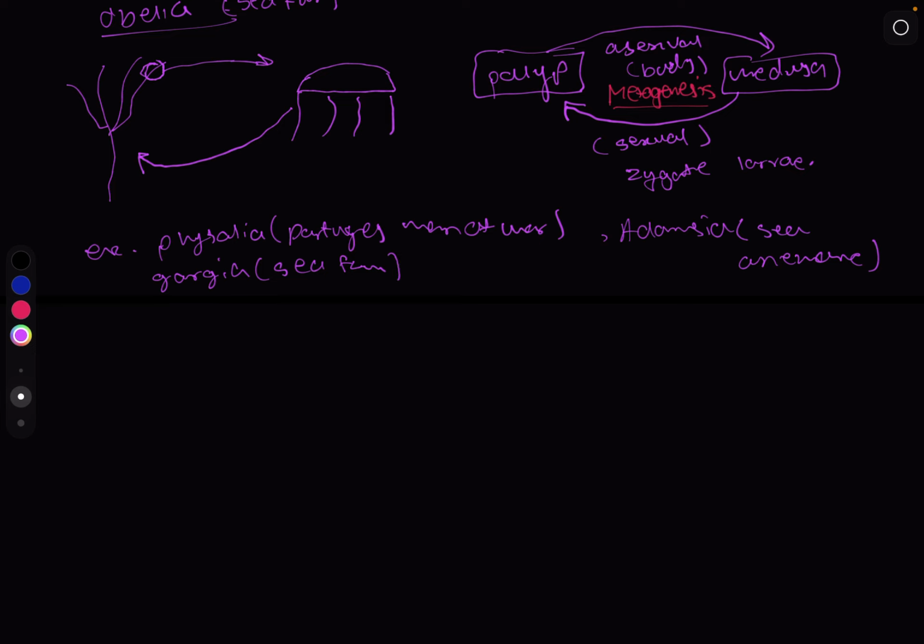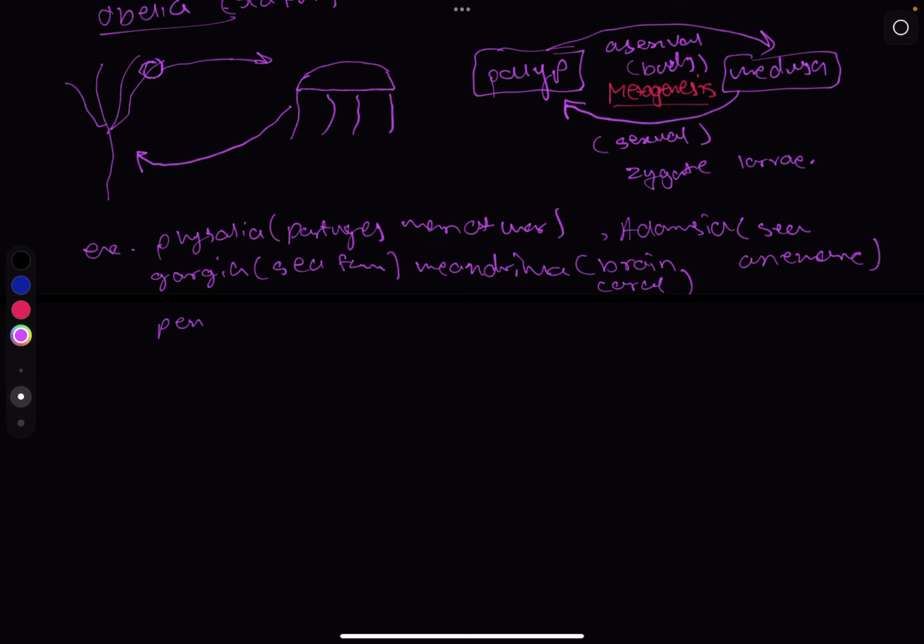Then we have Meandrina, brain coral. And we have Pennatula, double N, also known as sea pen. And we have Hydra. And Aurelia, the jellyfish.